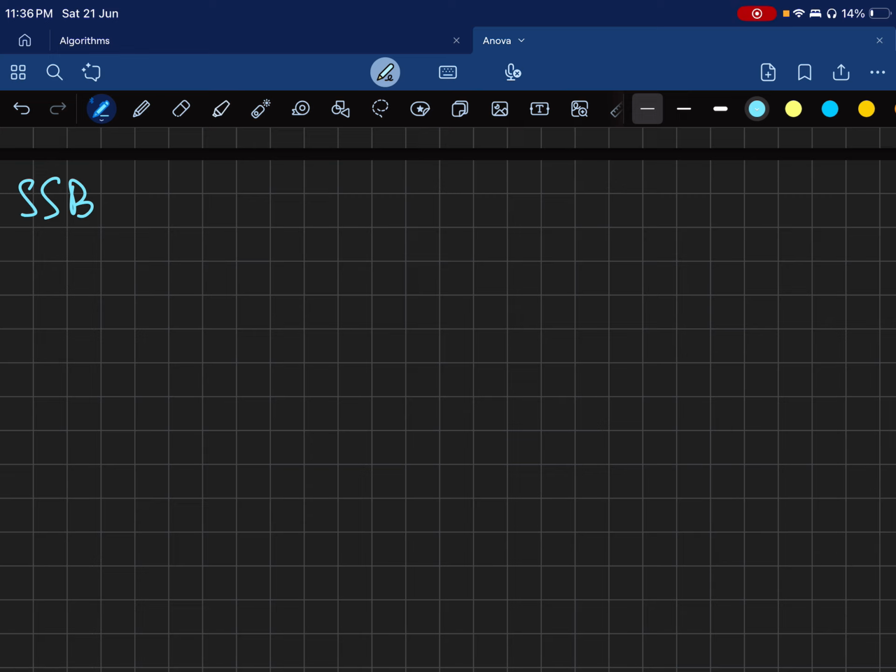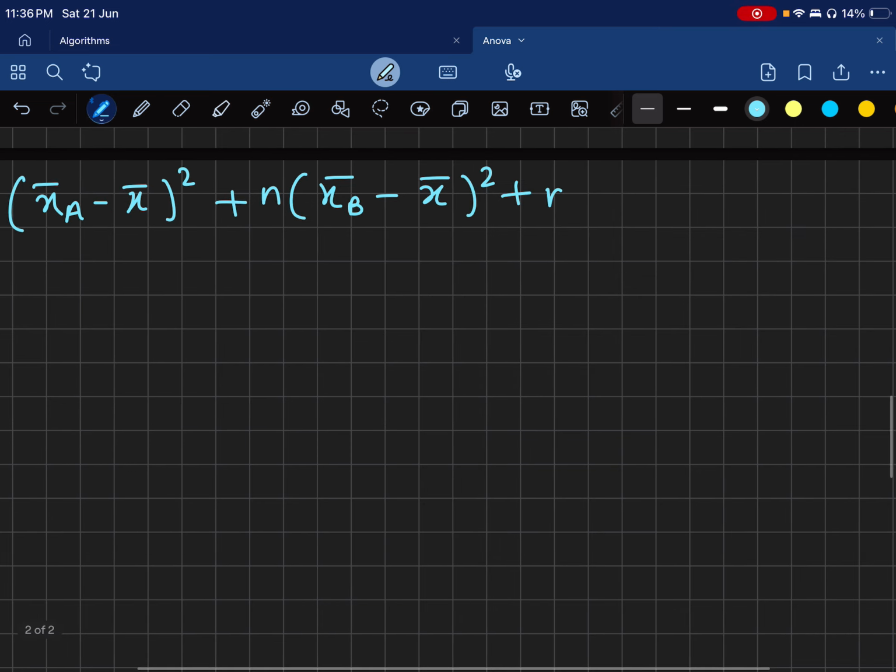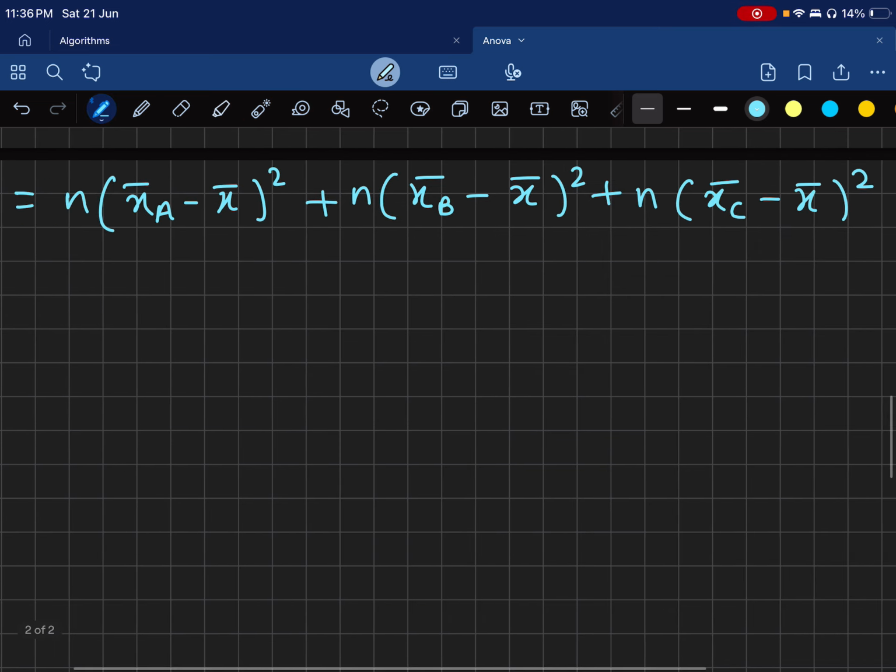The formula for SSB is given by n into (x bar a minus x bar) whole square plus n into (x bar b minus x bar) whole square plus n into (x bar c minus x bar) whole square.